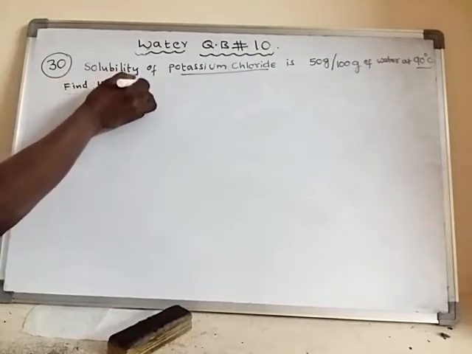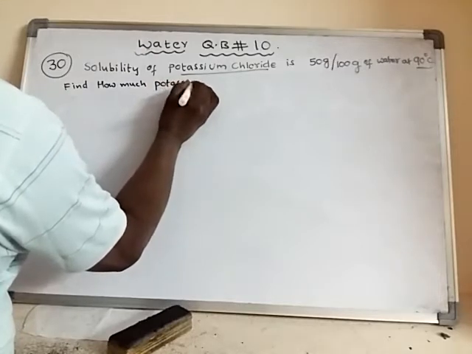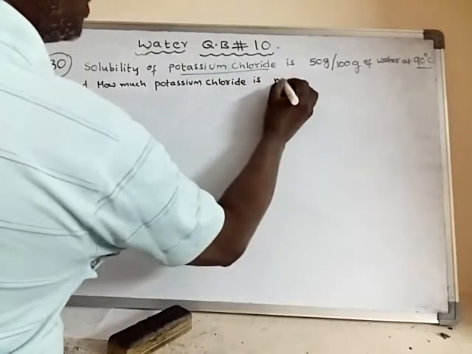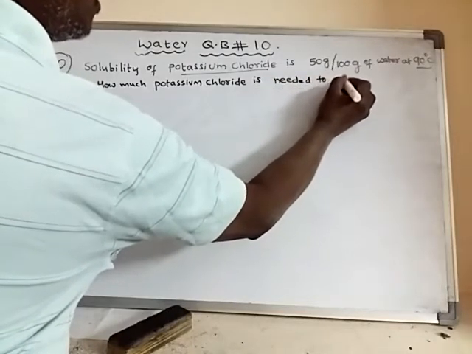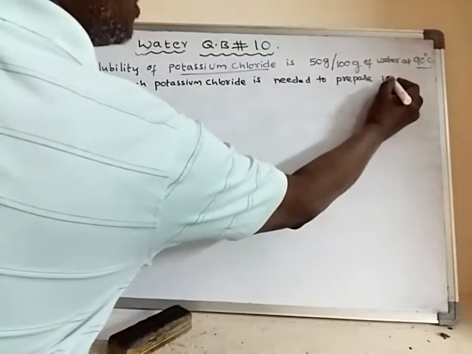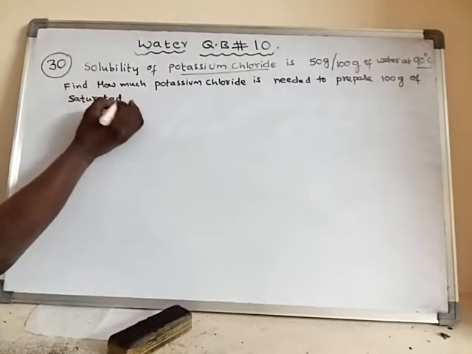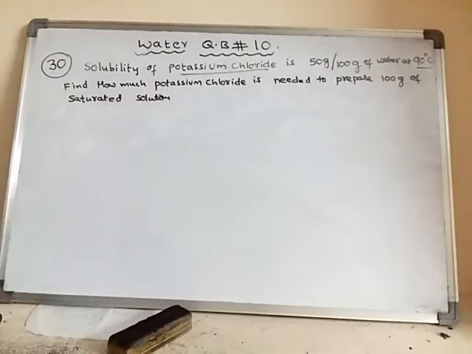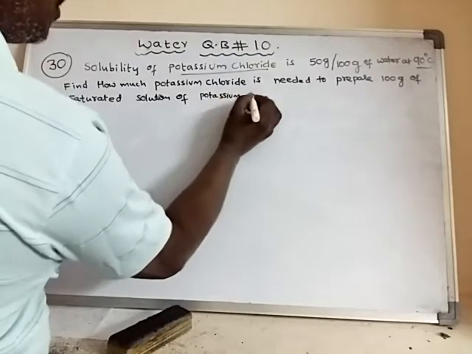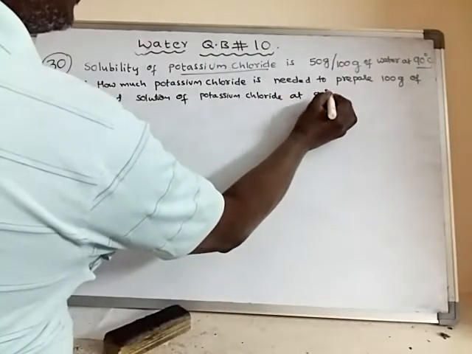Find how much potassium chloride is needed to prepare 100 grams of saturated solution of potassium chloride at 90 degrees centigrade. So this is the question.